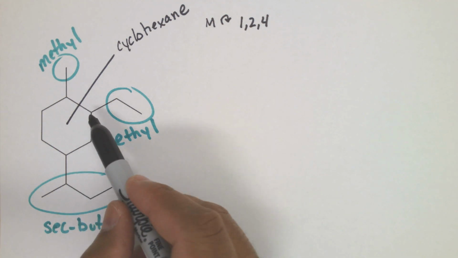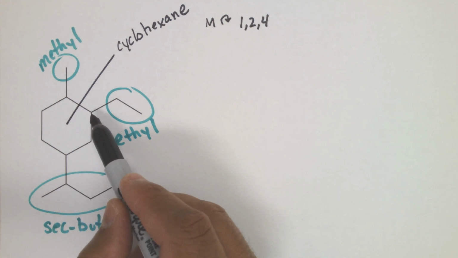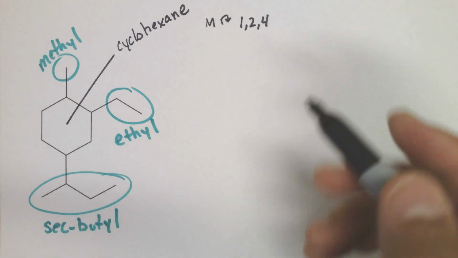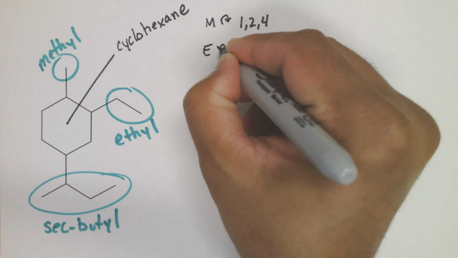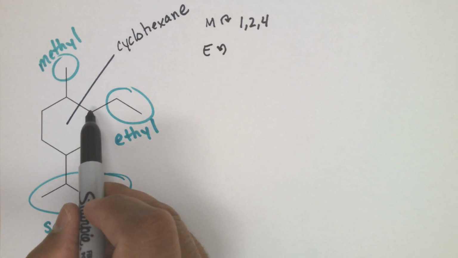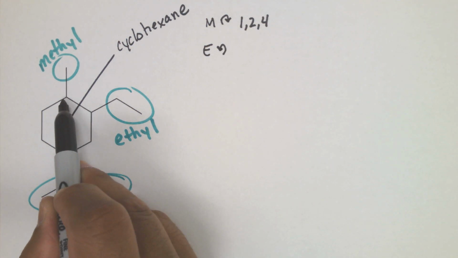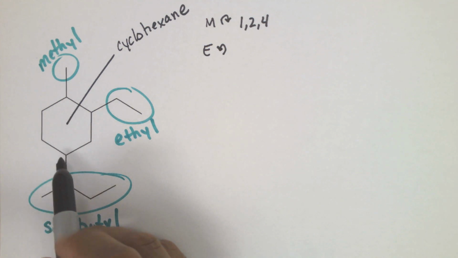Interestingly, if I start with ethyl and count counterclockwise, my substituents are at carbons 1, 2, and 5.